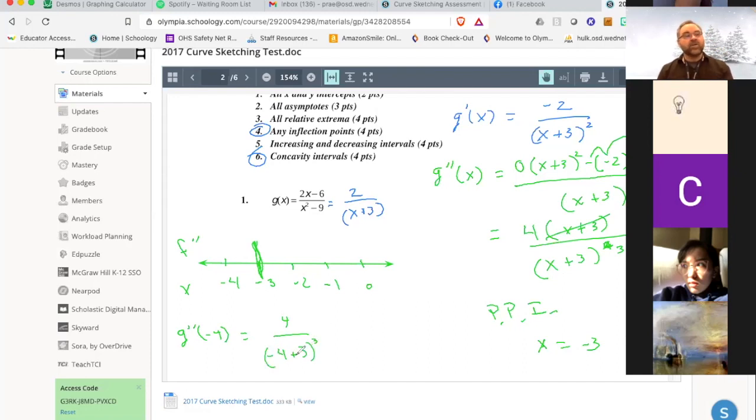That's a -1 cubed. That will be a negative number. So it's concave down here. What if I put in -2? What is g double prime of -2? Or how about 0? Even easier, right? 4 over 3 cubed. That's positive. So we see that it's concave down.